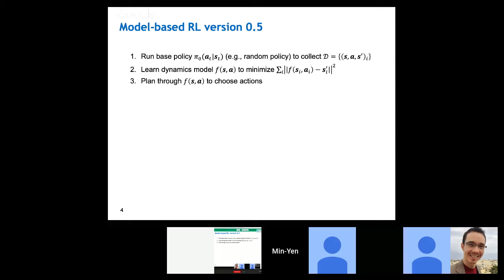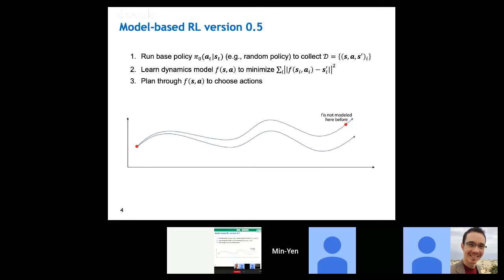But for this version, we do have some problems because of the base policy: we only explore a small part of the space.